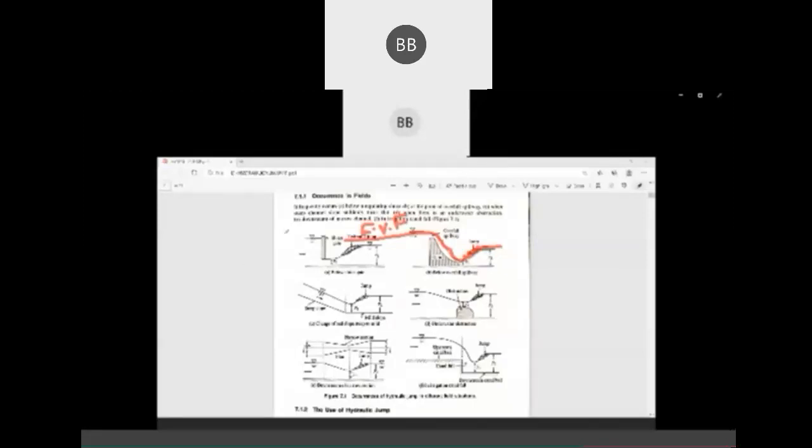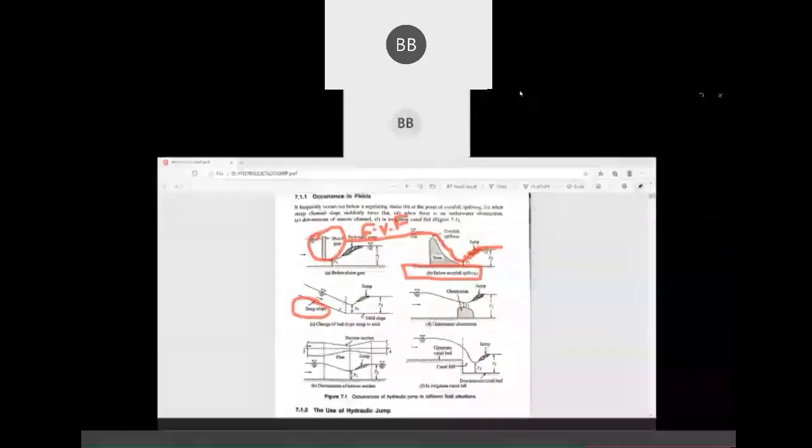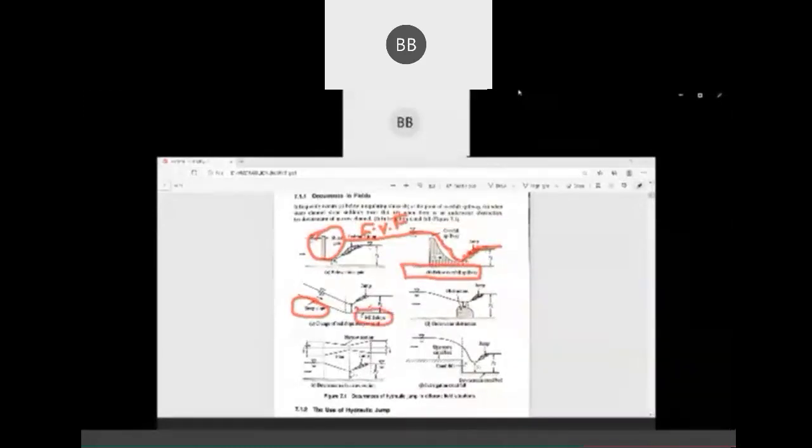One is when you use a sluice gate. Another one, which is very common, is for a dam. When you construct a dam or any obstruction, you can see this hydraulic jump at the downstream end. Then suppose the channel slope is steep, and after some length this channel slope changes to mild, then a jump occurs.